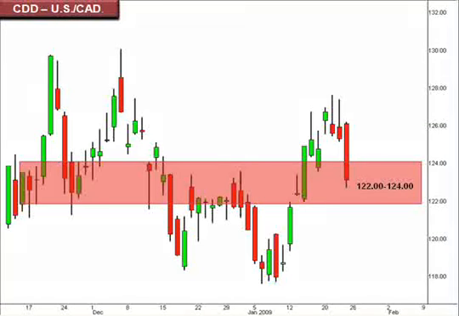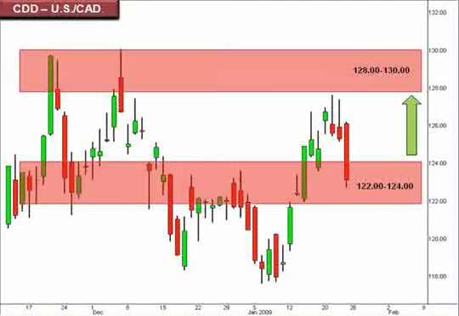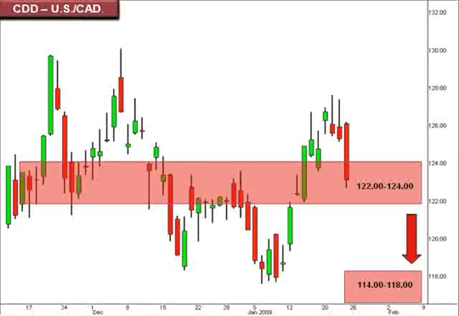Any sort of a strong continuation of this trend that we've witnessed throughout the month of January is likely to bring our pair value right back up into this 128 to 130 focal zone.